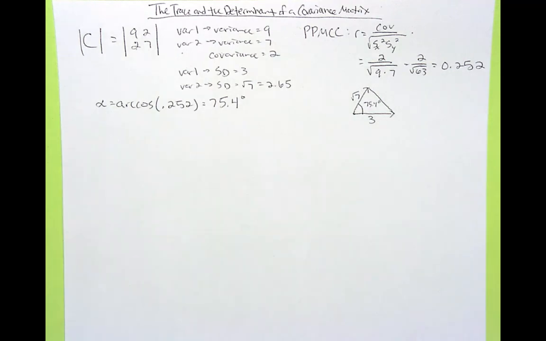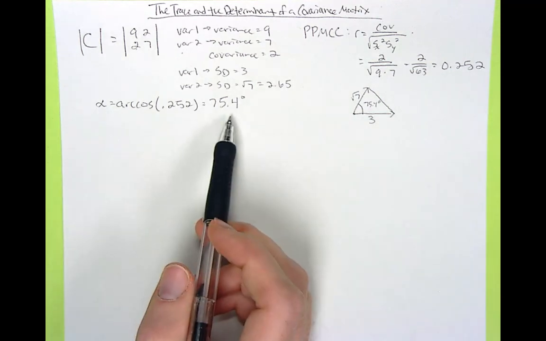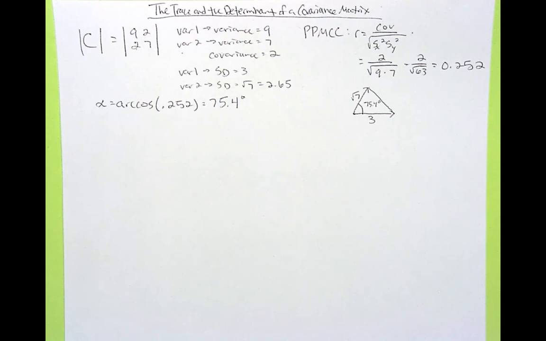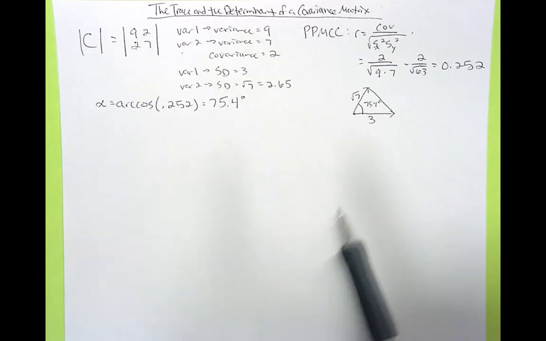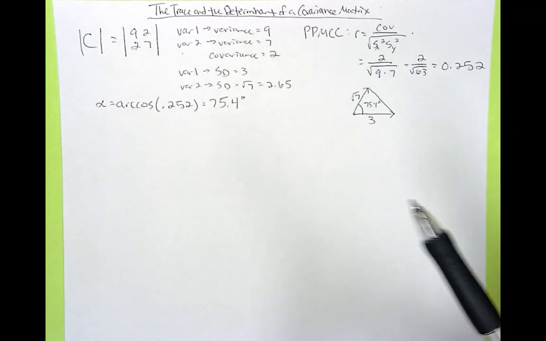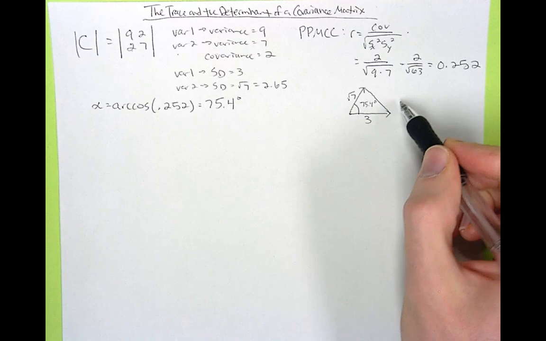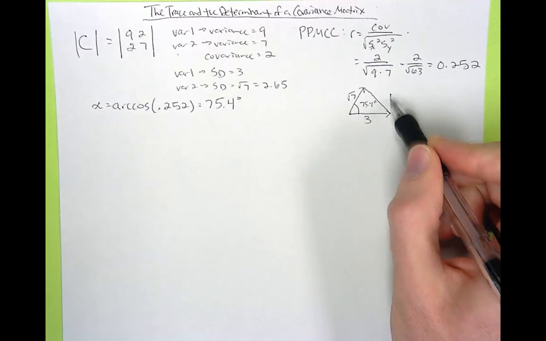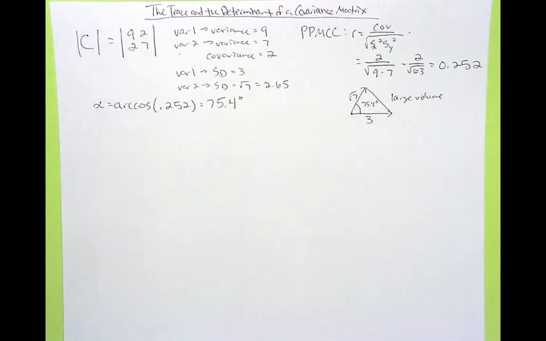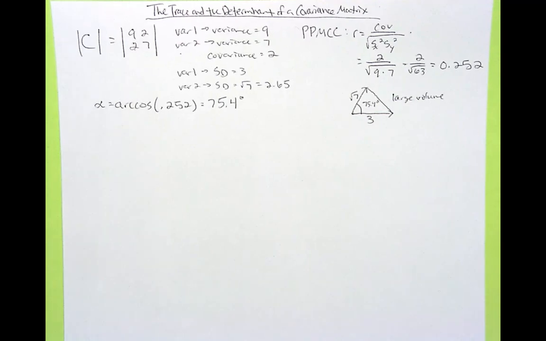So this is actually a large angle, almost as far apart as the vectors could possibly be, which is 90 degrees. So we see that the geometric figure created by these two vectors has a large volume, even though it may not look so from my drawing.